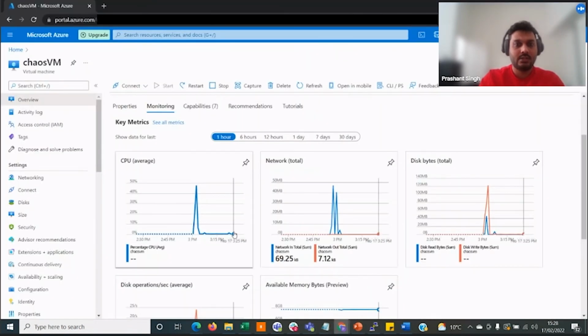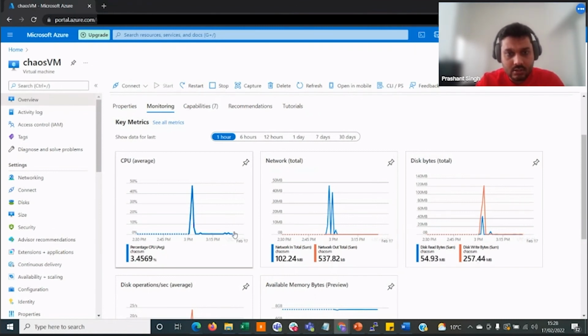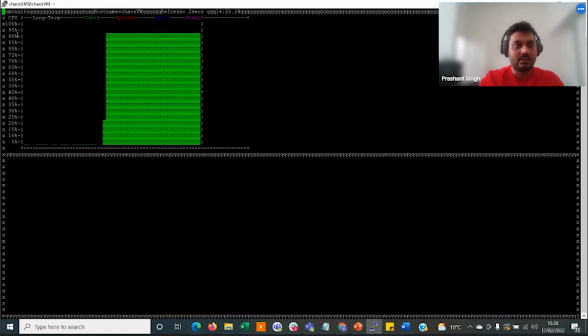So basically, this is the time, February 17, 3:27 p.m. At this point, I don't see anything here as of now. I don't see any spike. But my Linux tool is telling me, yes, CPU is utilized 90% now.